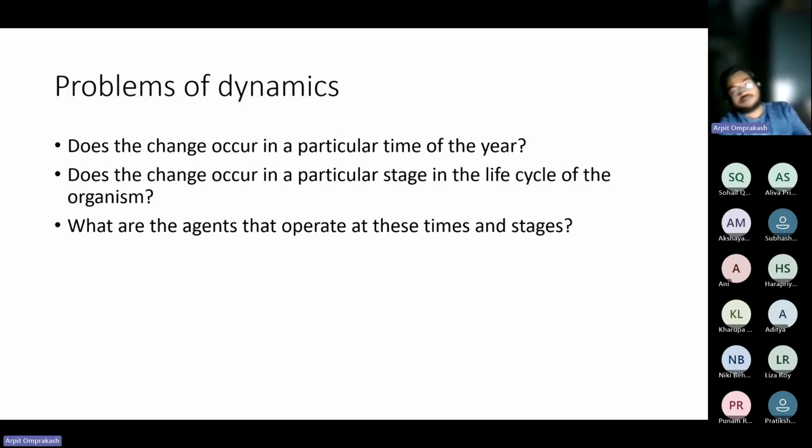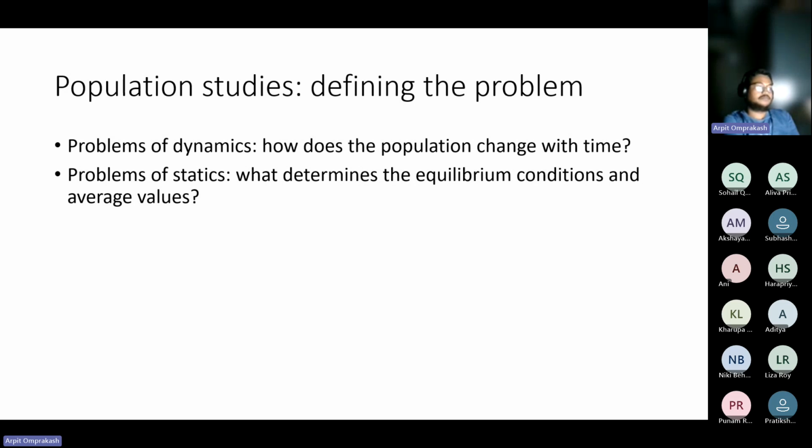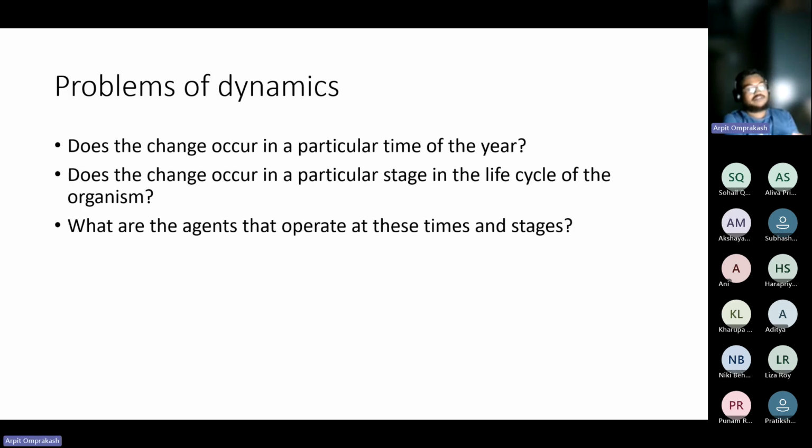So examples of things that we might ask about a dynamic population are: do the changes occur at a particular time of the year? Do the changes occur at a particular life cycle stage of the organism?